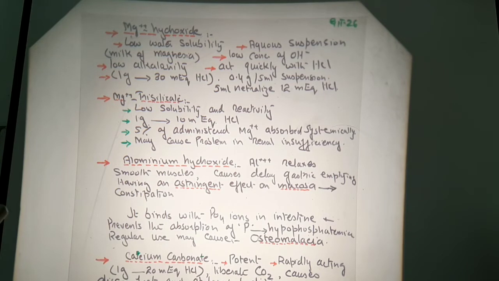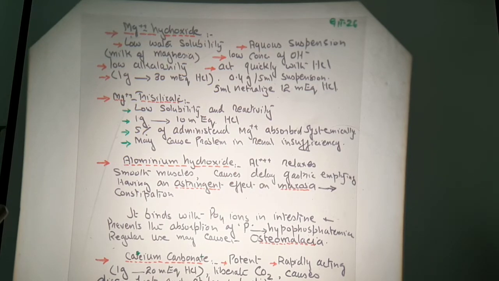Now, what is the mechanism of action? The aluminium ions bind with the phosphate ions in the intestine and prevent the absorption of phosphorus. When there is decreased absorption of phosphorus, it may cause a condition known as hypophosphatemia, which means decreased phosphorus in the blood.